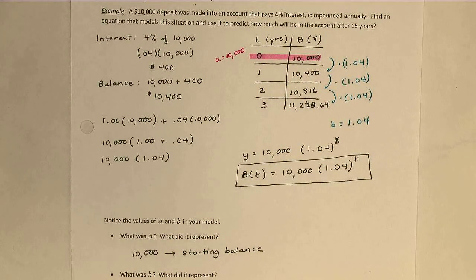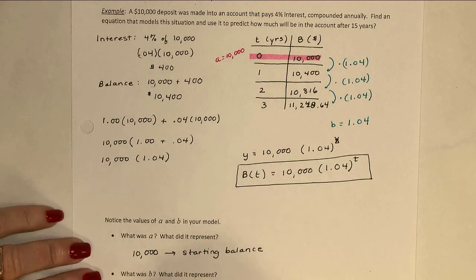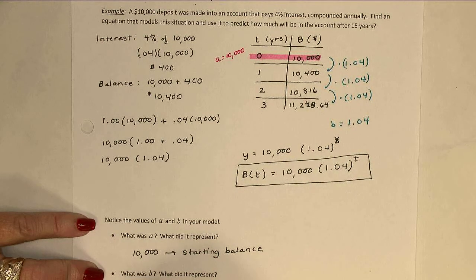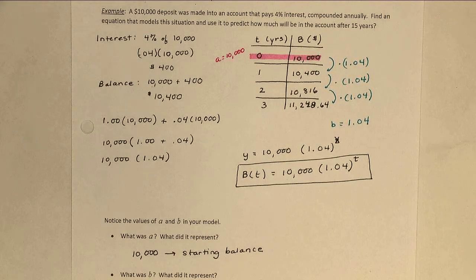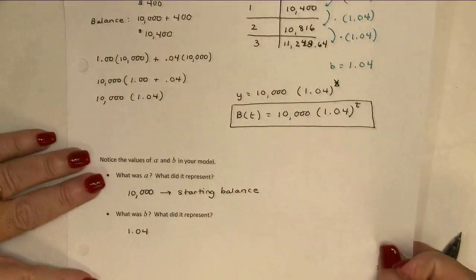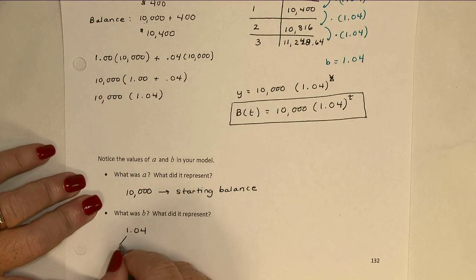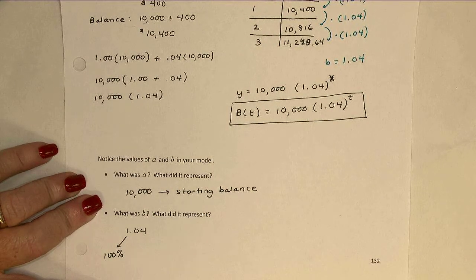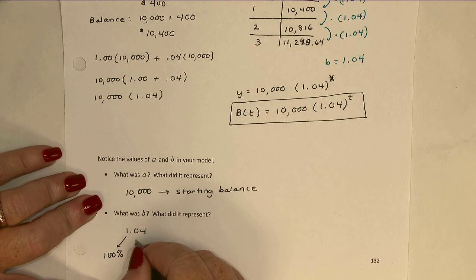B is the 1.04. And unraveling what that meant again, remember where we got it. The 1 represented 100%, getting to keep what we already had in the account. And the 0.04 represented the 4% increase.